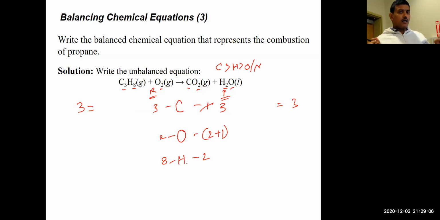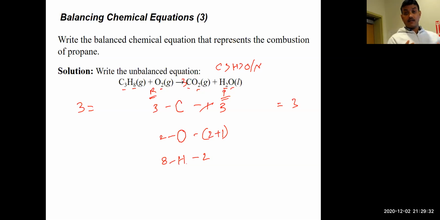Now, when I do that, I need to make sure I'm paying attention to any other involuntary changes to the number of atoms that I made. By putting 3 in front of that CO2, I made changes to the number of oxygens already because it is a whole molecule.